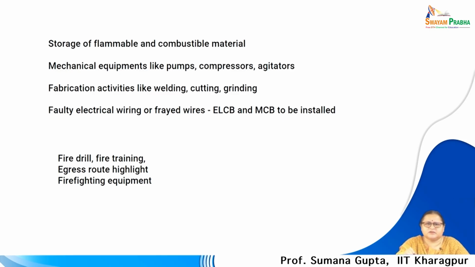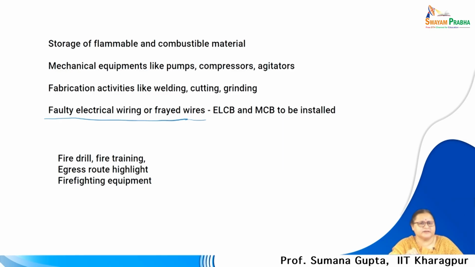Also, as I talked about electrical wirings, faulty or frayed wirings should be protected with MCBs, and they should be installed without any fail, so that they can disconnect the power in case of any high draw of electricity beyond its capacity.